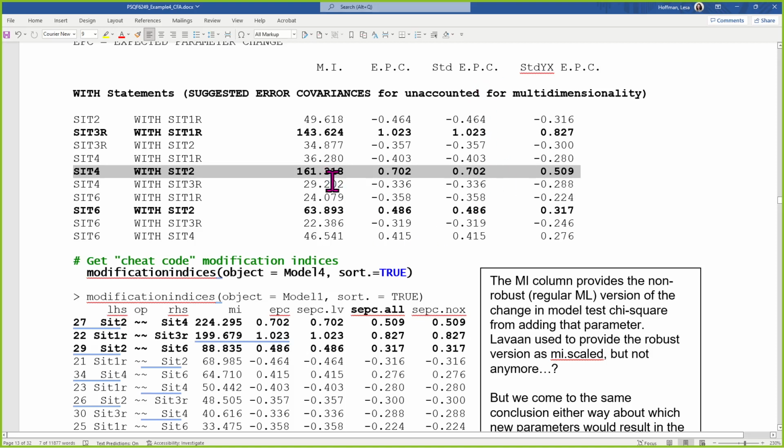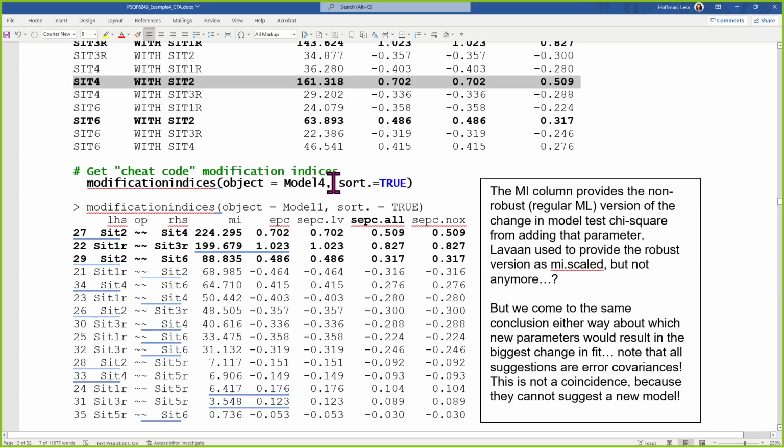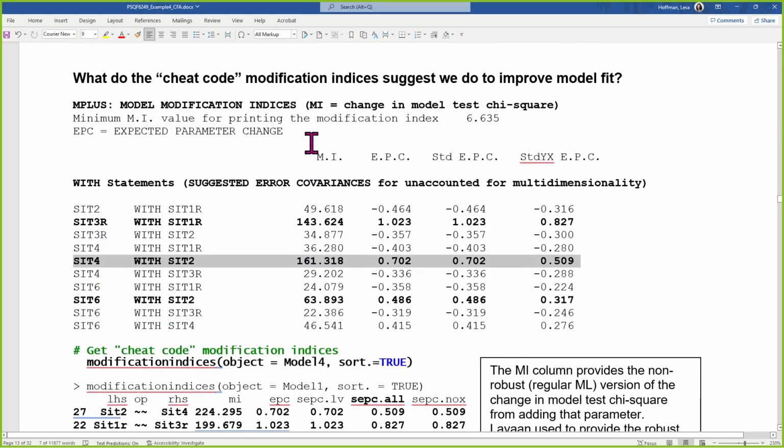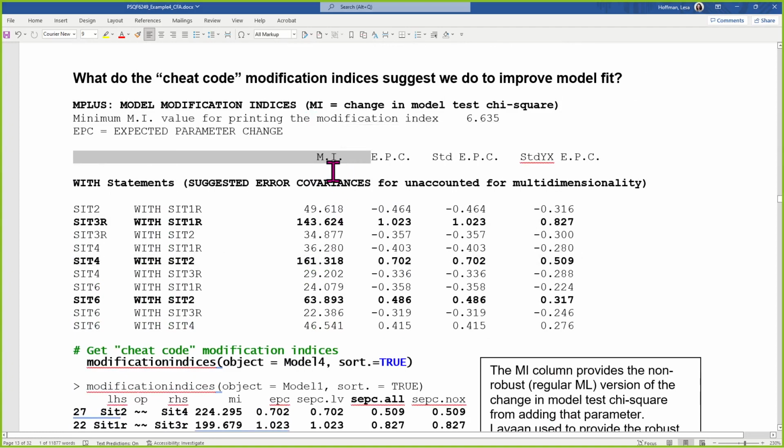The same information is available in R with one exception. And this is funny to me because I developed this handout out of the one that Jonathan built, which is linked from the website. In his version that he made several years ago, they had an extra column in here that provided the same modification index using the rescaled chi-square difference, and it's gone.